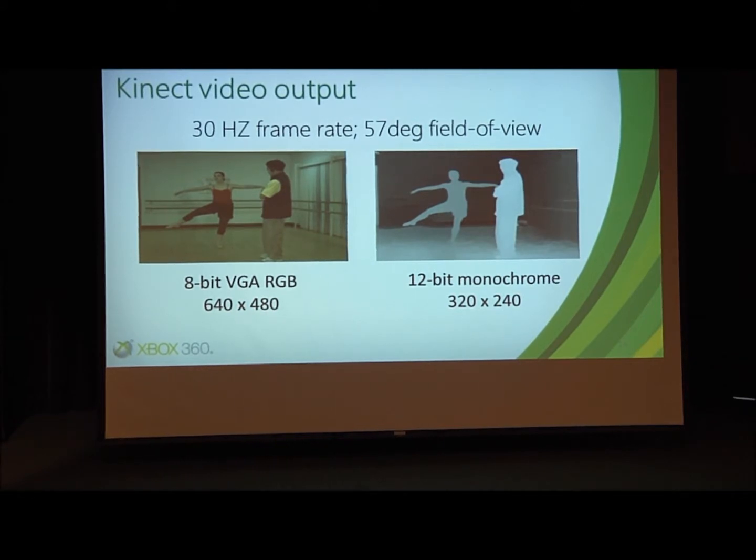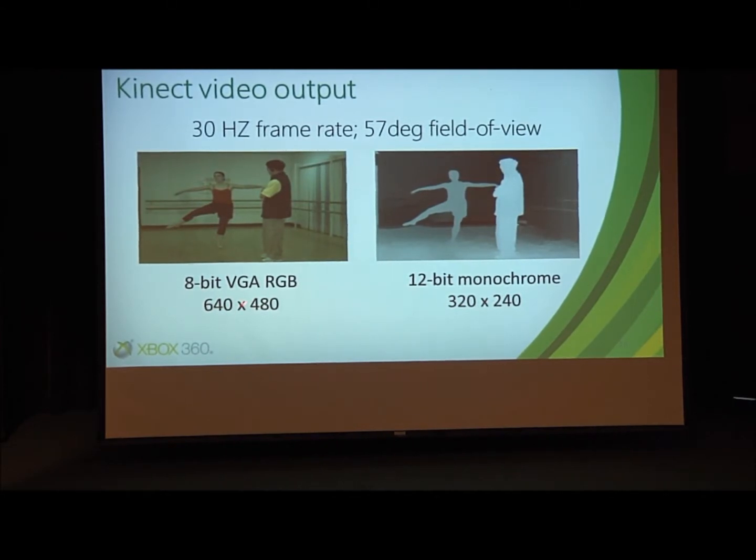One, through the product development phase, they found that this resolution of 320 by 240 is adequate to give you a high fidelity joint recognition and representation. And 2, for the performance characteristic, if you make this any larger, then it takes up exponentially more cycles to process.